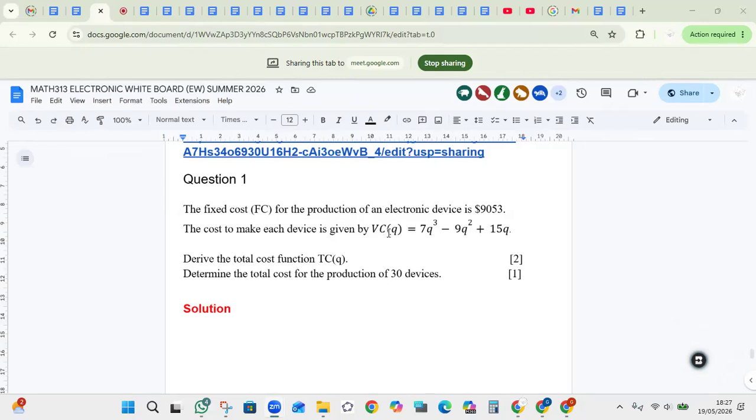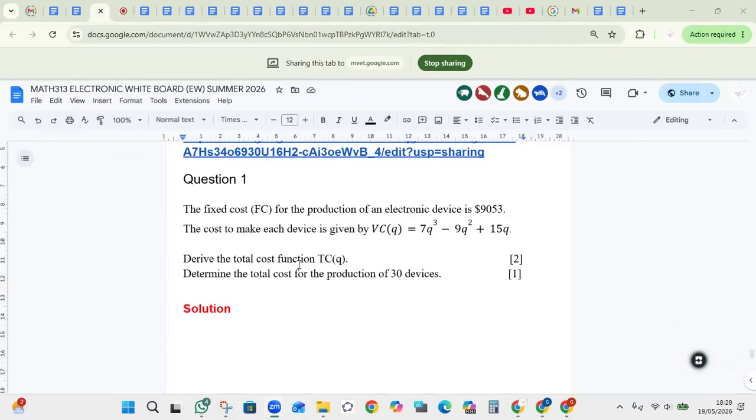So here's how it's supposed to be. The variable cost, that means the cost that varies in the function of the quantity that you have produced, is 7Q raised to the third power minus 9Q raised to the second power plus 15Q. Q stands for quantity, the amount of devices that was produced. So as you can see, that cost depends on how many devices were produced.